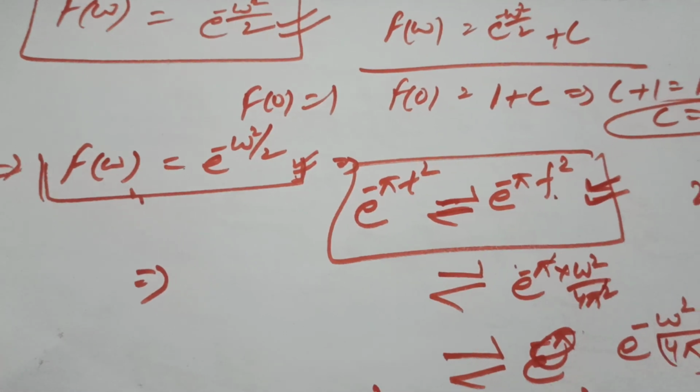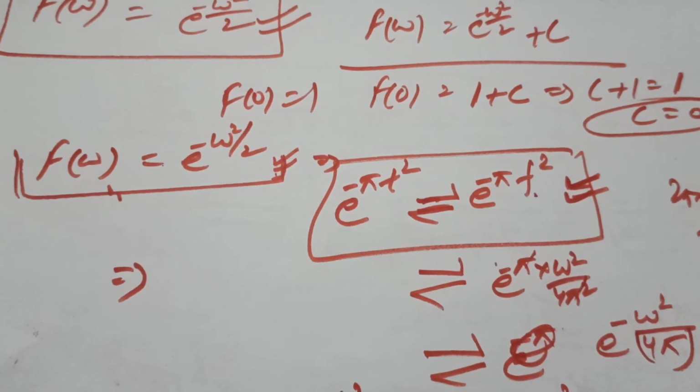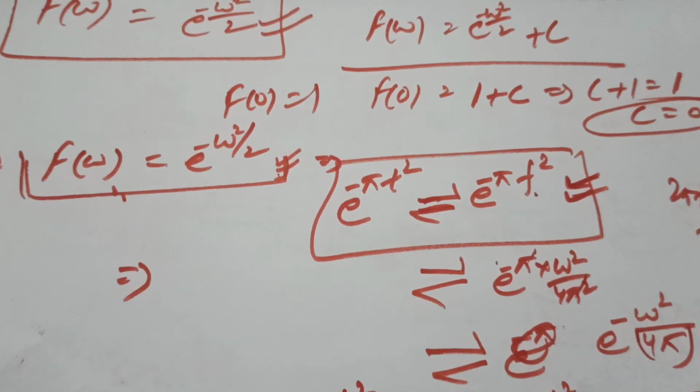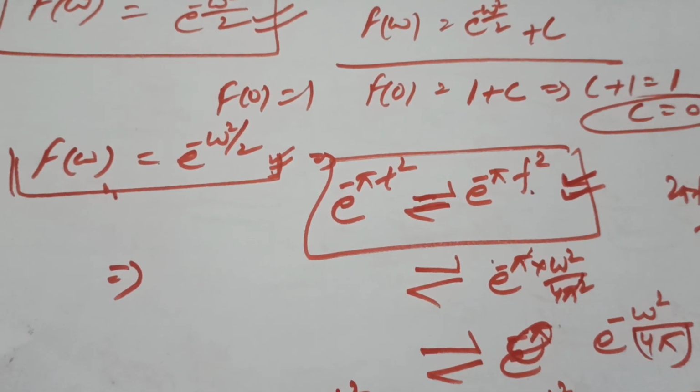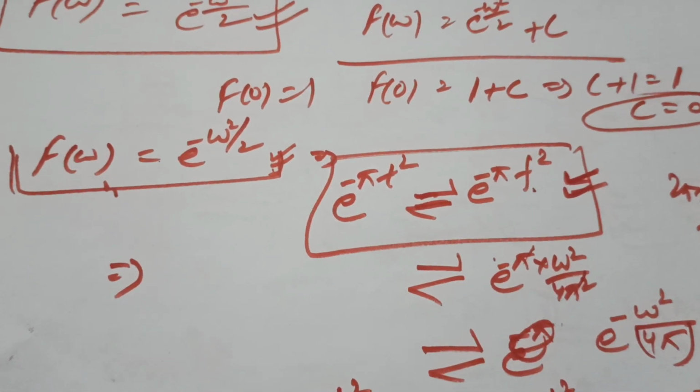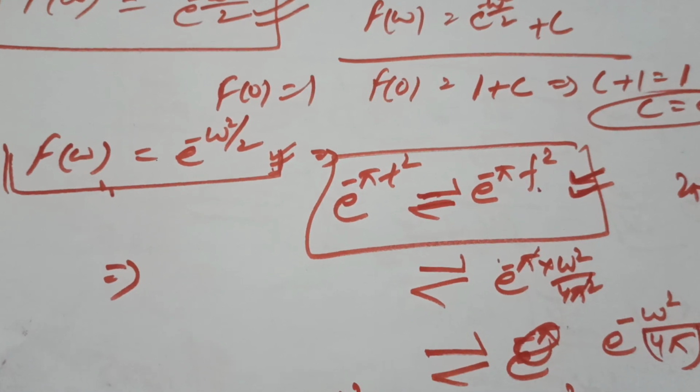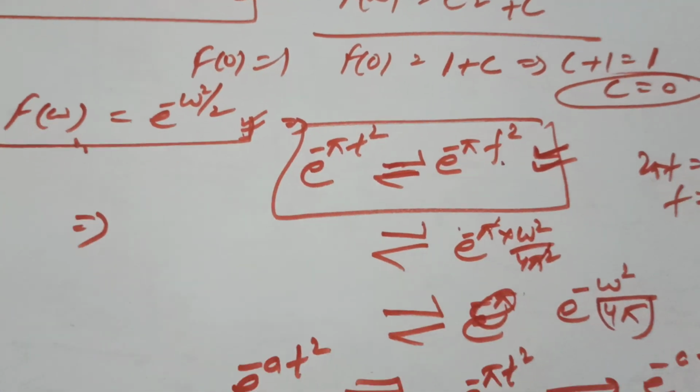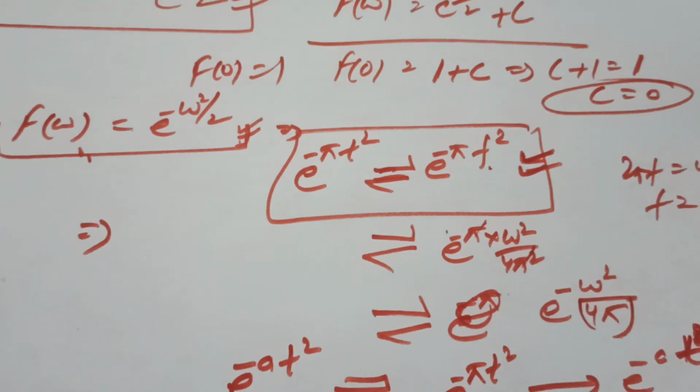Now the Fourier transform of e to the power minus pi t square is e to the power minus pi f square. Is it clear? So now I will try to get the Fourier transform of this.